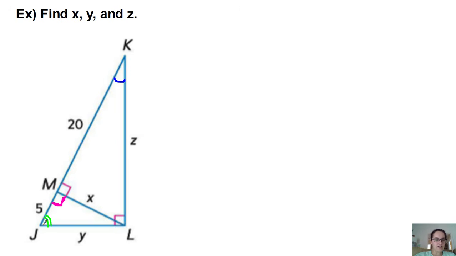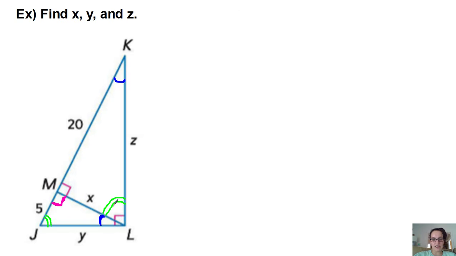So in this little right triangle down here, the green angle is one of my angles. So my third angle is going to be the blue angle, the same number of degrees as angle K at the top. And then if I'm looking at this triangle right here, if I have the blue angle and the pink angle, then this remaining angle is going to be the green angle, which makes sense because the blue angle plus the green angle equals 90 degrees.